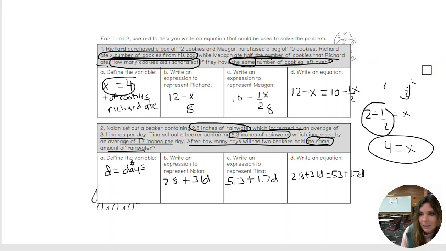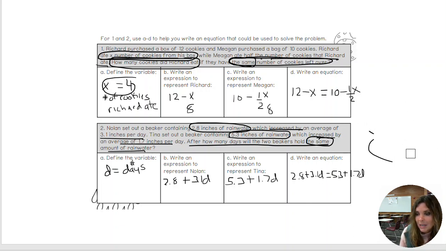Let me go ahead and clear off some space here on this side, and we'll figure out the answer to this equation. So remember, when you're solving a variable on both sides equation, you want to find your variable terms, and then you want to get those two variable terms to be on the same side of the equal sign. So we're going to take the 3.1d and the 1.7d and get those on the same side.